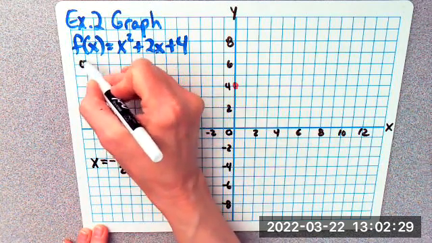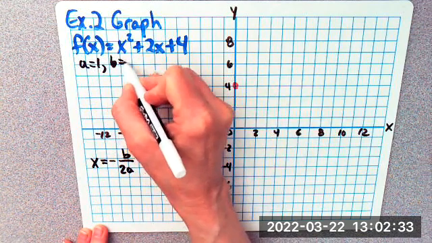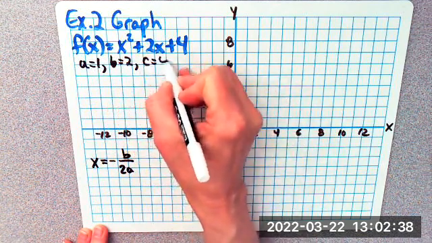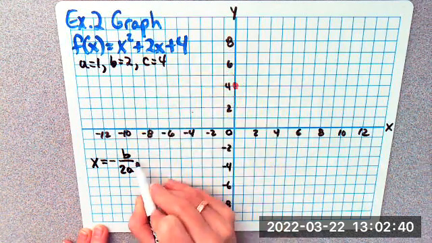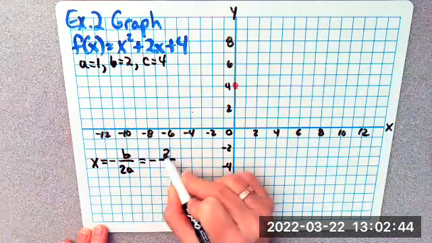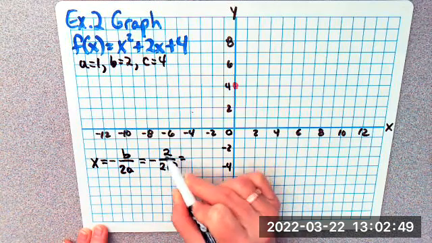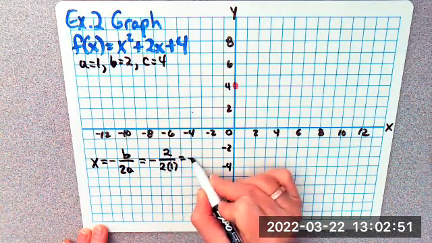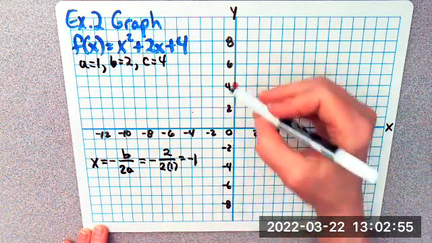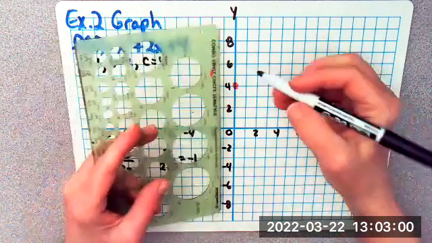So if we look at this, we have a equals 1, b equals 2, and c equals 4 from the equation itself. So substituting that in, we have negative 2 over 2 times 1. So 2 divided by 2 is just negative 1. So at negative 1, we have our axis of symmetry.